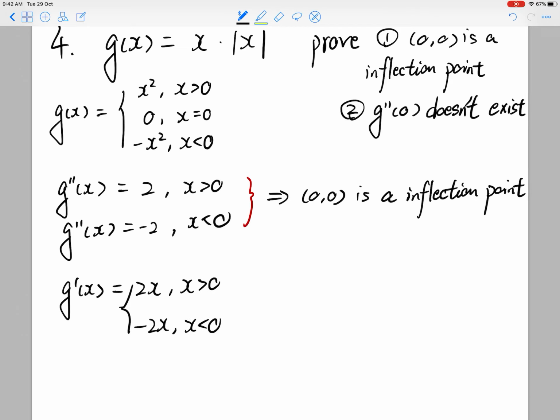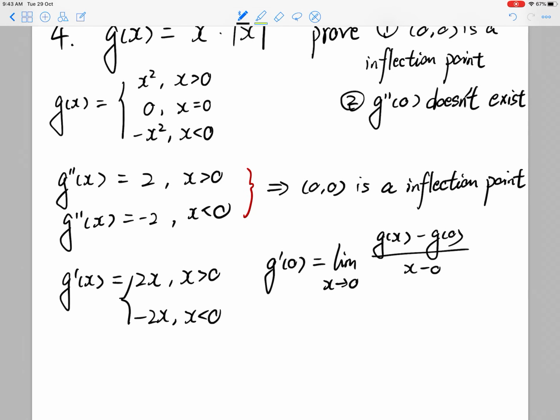What about when x equals 0? You can use the formula: g prime 0 equals the limit as x approaches 0 of (g(x) minus g(0)) over (x minus 0).